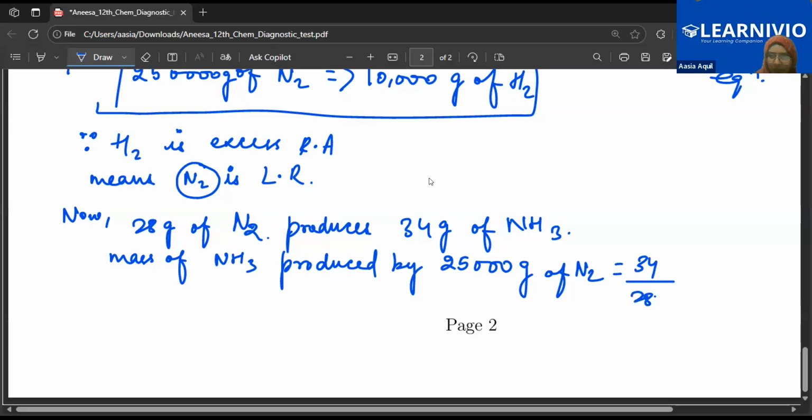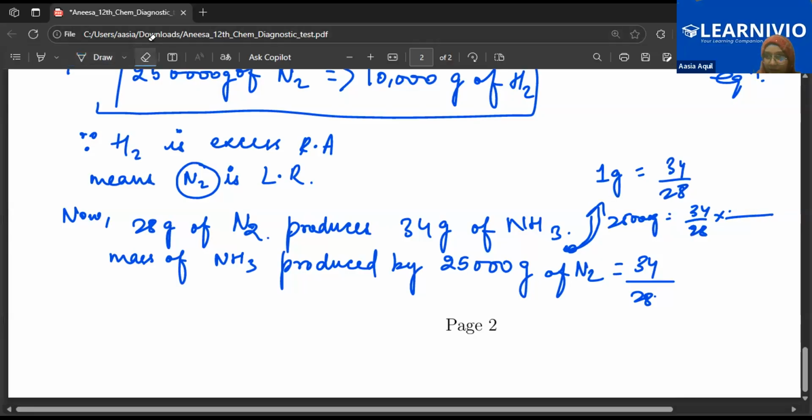Similar unitary method, or in a simple way you can write one more step here. You can just calculate it for 1 gram, right? So 1 gram will give you 34 upon 28. So 25,000 gram will give you 34 upon 28 into 25,000. I have skipped one step because I know you know this very well.